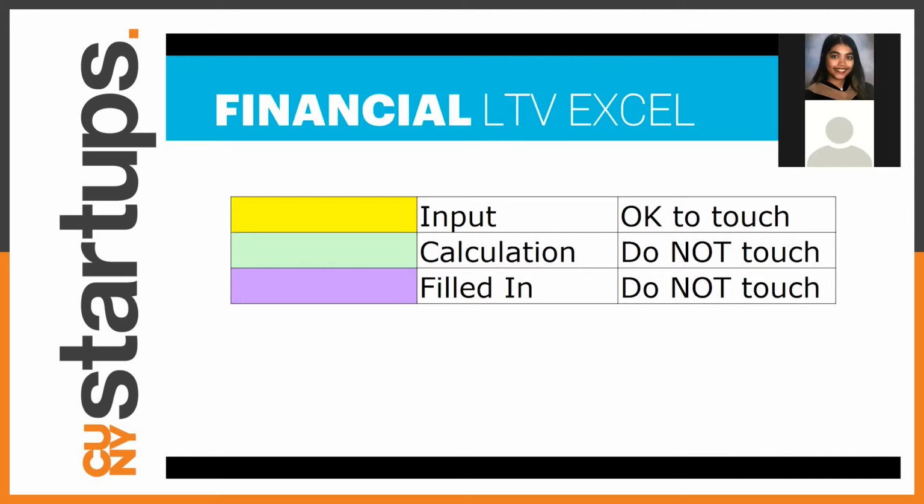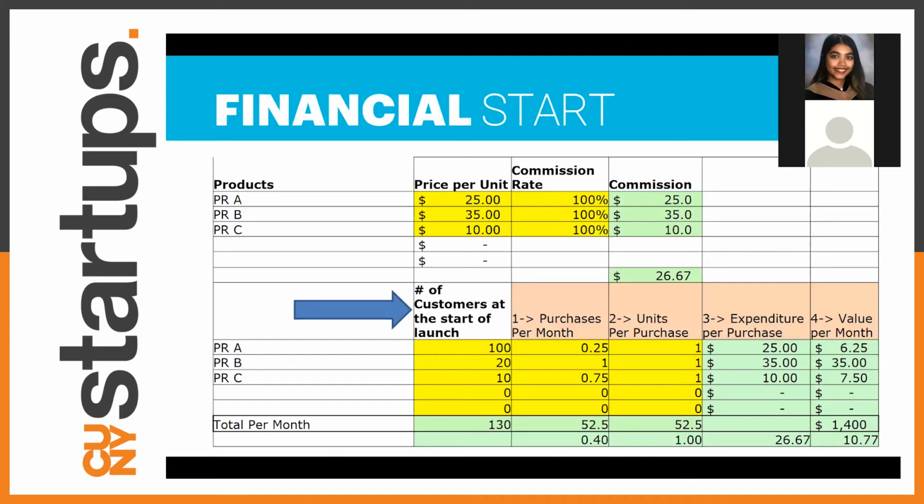So equals A3, that would be a purple, and the greens are calculated. You shouldn't touch either one. If you touch those, you break the Excel sheet and it ripples all the way across. Only touch them if you know really what you're doing, you've taken a few financial courses and you're up to speed, and you can modify it for your purpose.